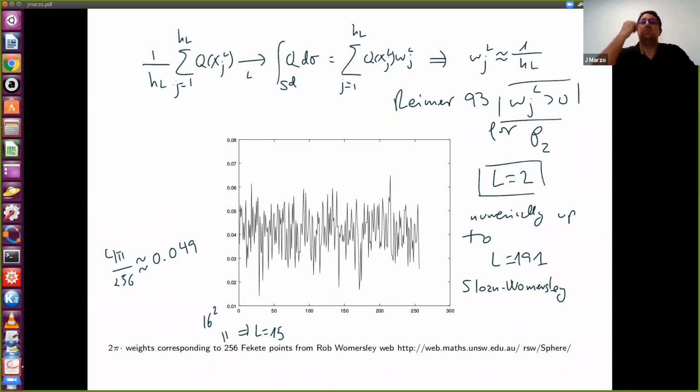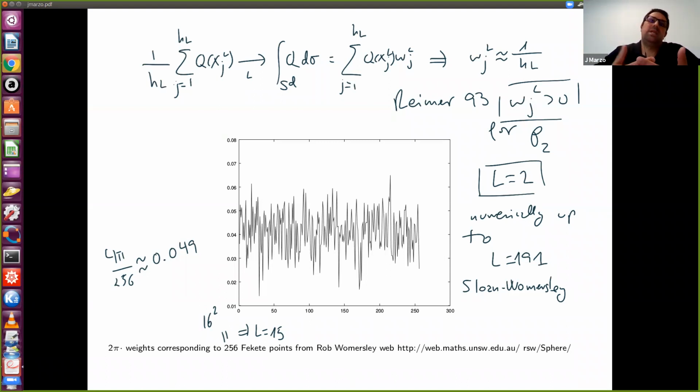But as I said, apart from defining these quadrature formulas, we would like to have something about the error. And it's natural to think that this integration error is going to depend on the regularity of the function.